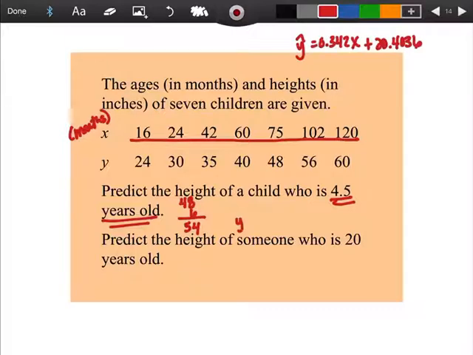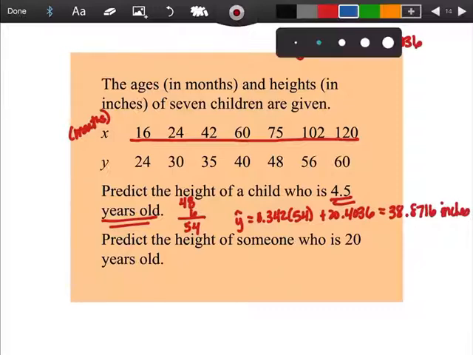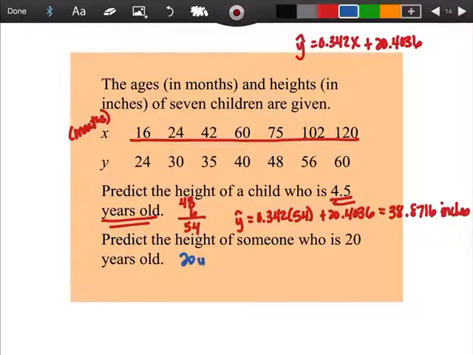Half the year is another 6 months, so that child is 54 months old. We would use our prediction equation, plugging in our x value for months and calculating our output. In this case, we're using x to predict y. Our y hat, or our predicted y value, is 38.8716 inches, or just above 3 feet.